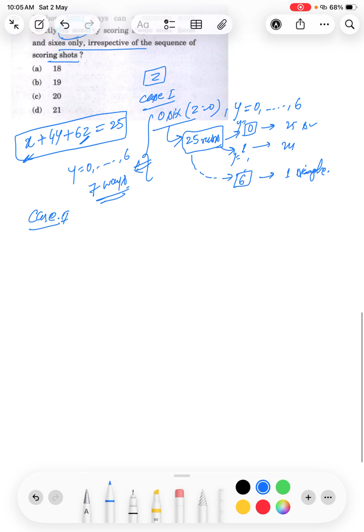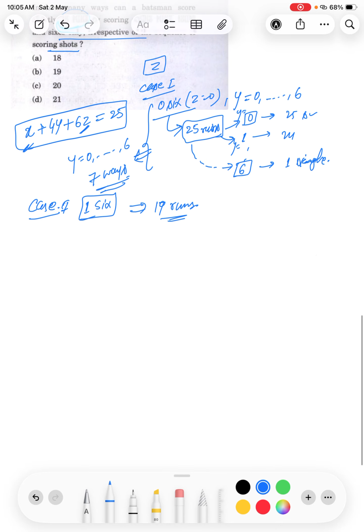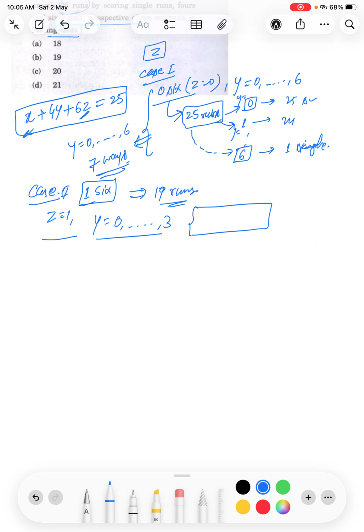Case 2, you have hit 1 six. In this case you are left with 19 runs to add. So Z is equal to 1. In this case Y will take values 0 up until, sorry, not 3, it's 4.